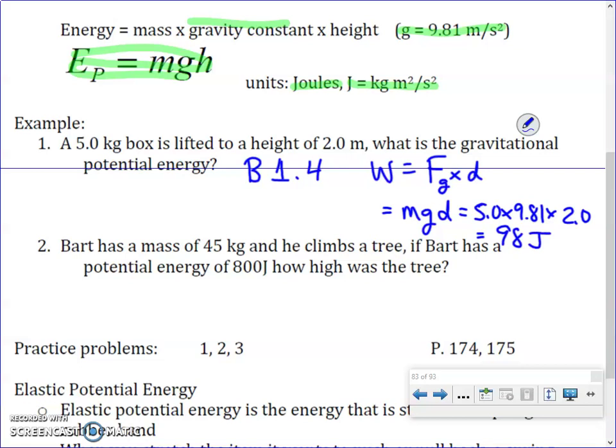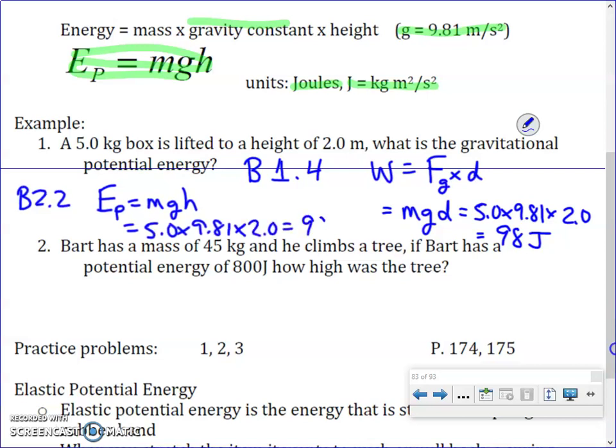Okay, but now from B2.2, we can also use the formula EP equals mgh. And you can see that the calculation is very much the same. You have 5.0 kilograms times 9.81 times 2.0, and you still get 98 joules.